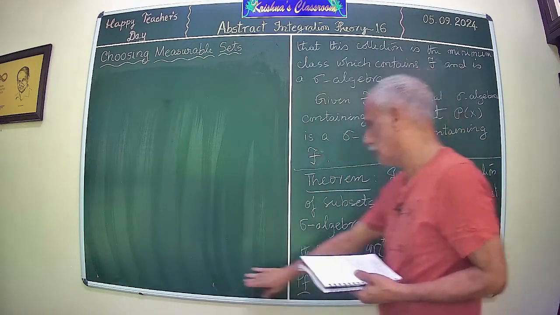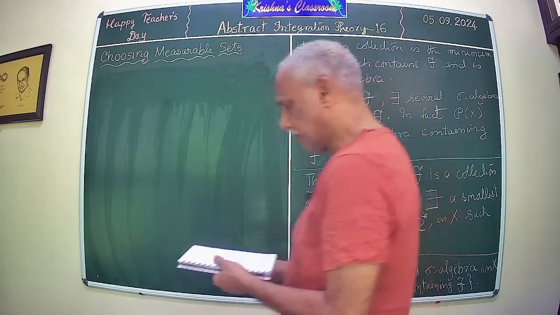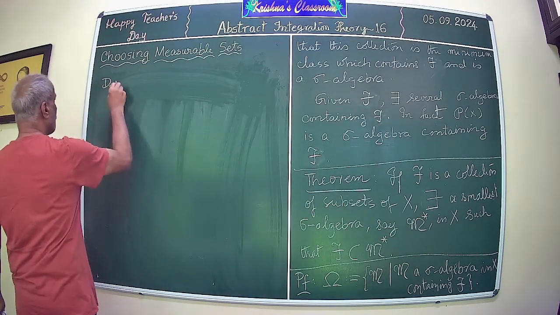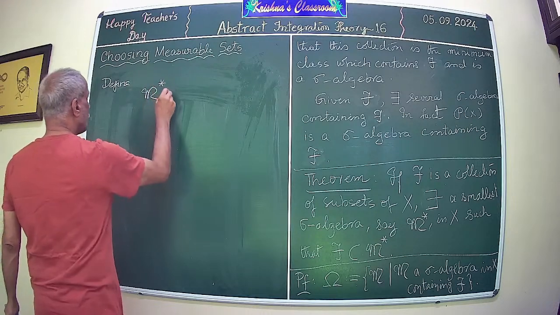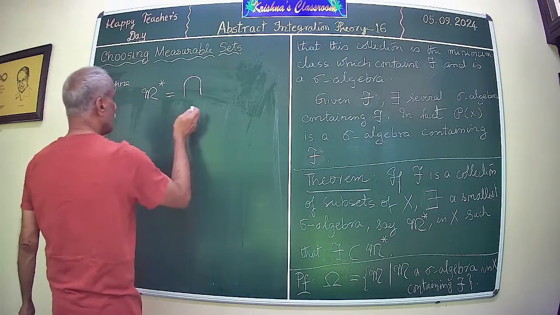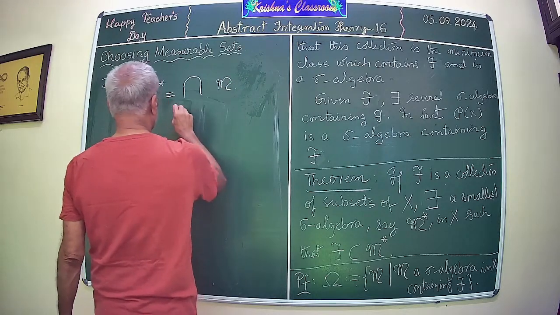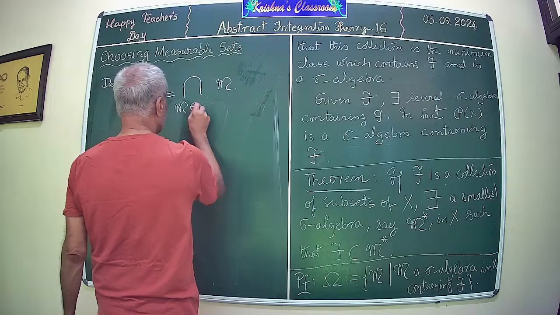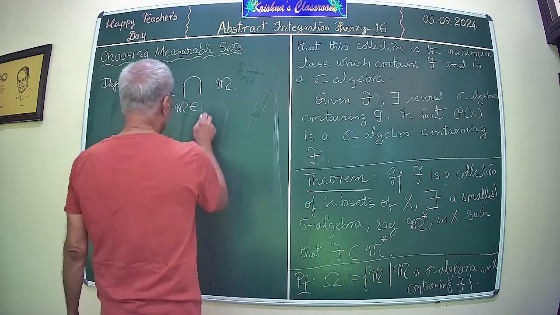Now we define M star as the intersection of all M where M belongs to omega.